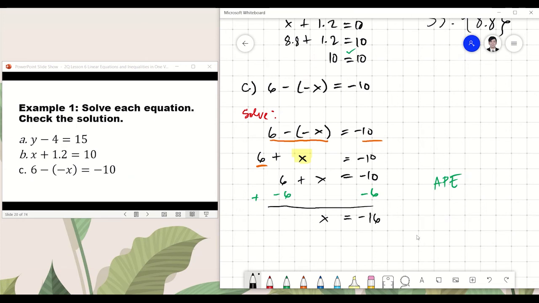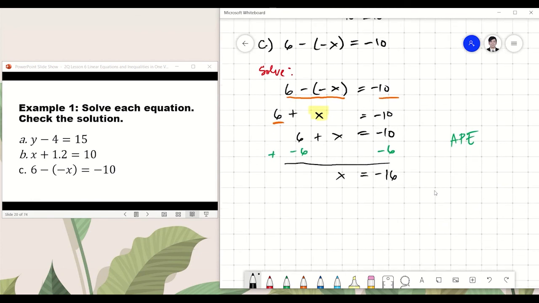So ngayon, okay, i-double check natin kung talagang tama yung nakuha nating value ng x. So, if x is equal to negative 16, and this is our equation, we substitute negative 16. So, wag natin kalimutan yung unang negative dito, galing yan sa ating equation. Yung pangalawang negative, galing siya from our negative 16. Okay?